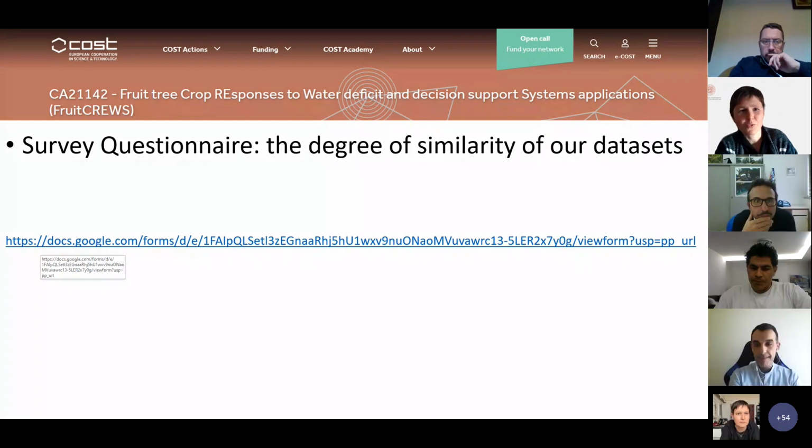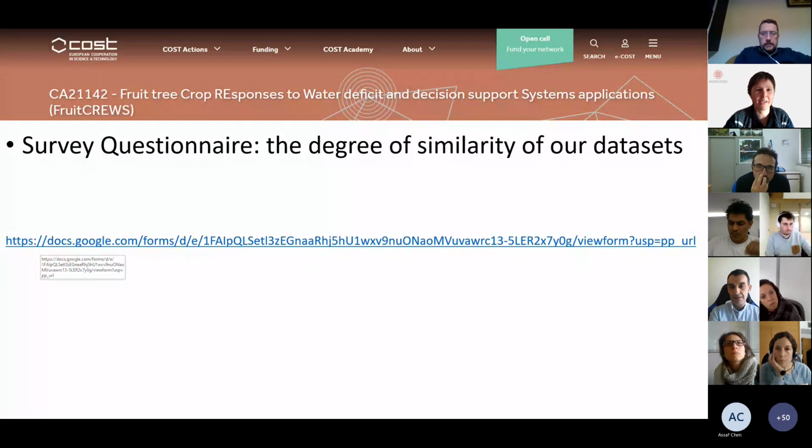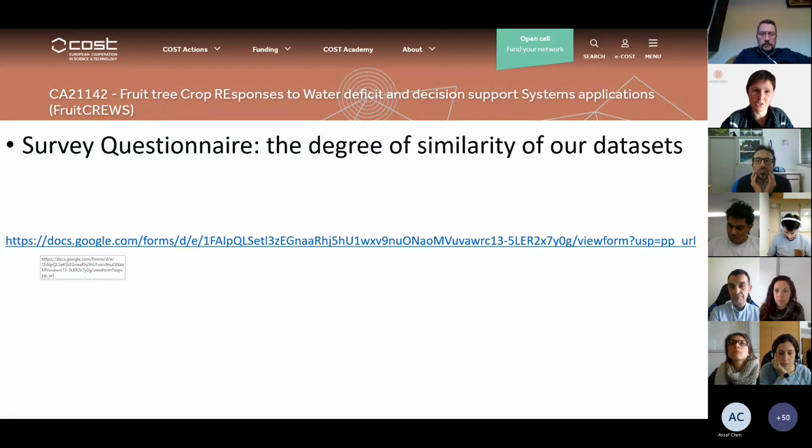Maybe Ecomatic was first, but I have just a very general comment, just to have everybody on the same line. Maybe some of you don't have much experience with COST actions, like I didn't have. But basically, COST actions work on existing data. We don't need new data, or at least we have 4 years. And during these 4 years, if new data are arising, then we can share them.